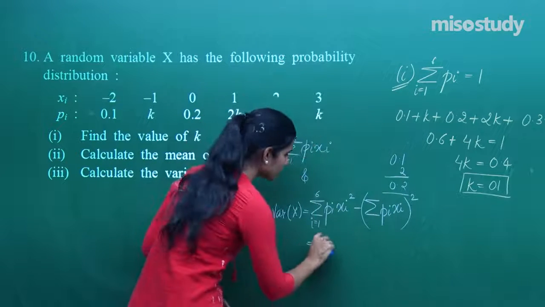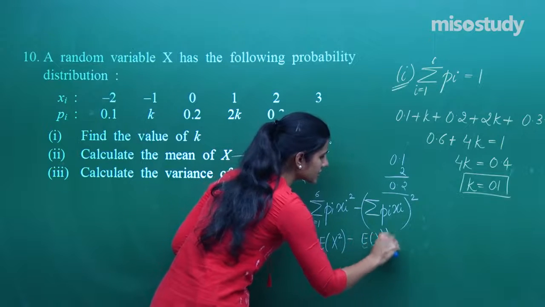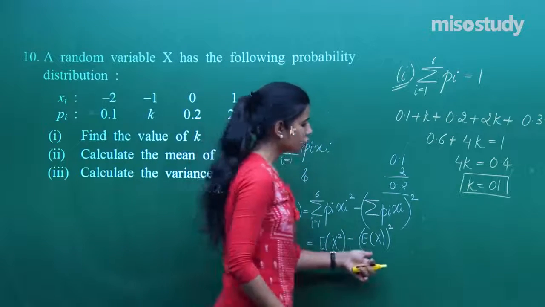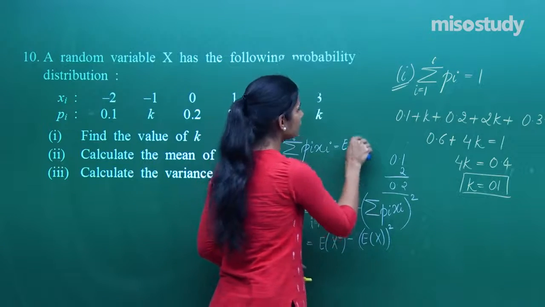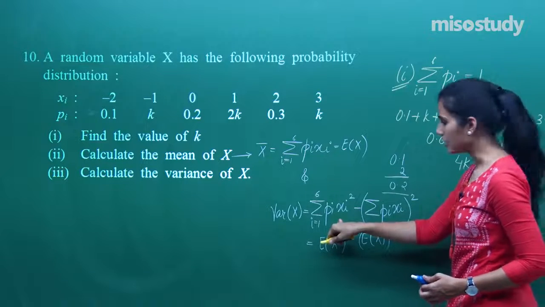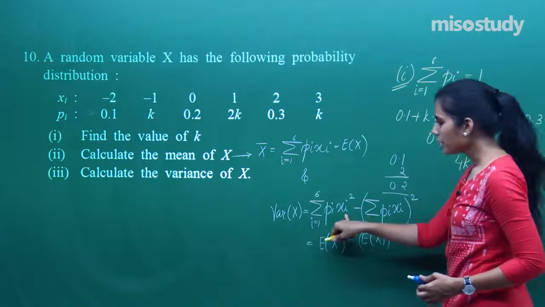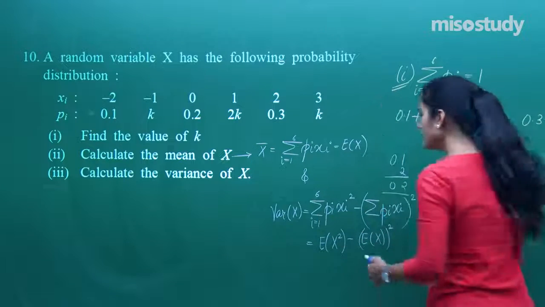It is nothing but expectation of x square minus expectation of x whole square. Expectation of x is nothing but the mean. So I just need to calculate summation pi xi square. For that I need a column of xi square. Pi column I already have. I will just respectively be multiplying and then correspondingly adding.